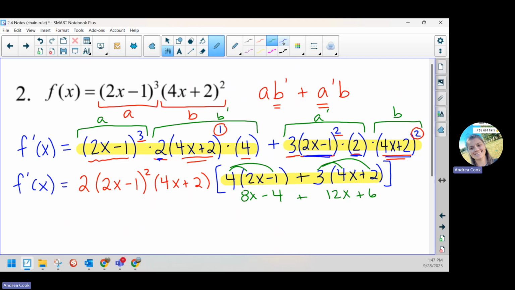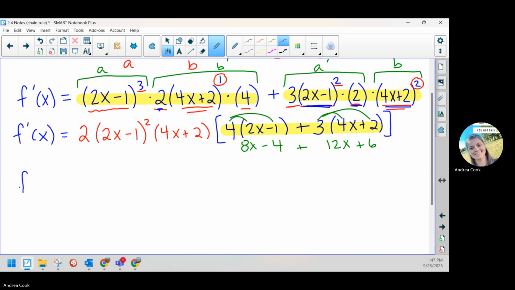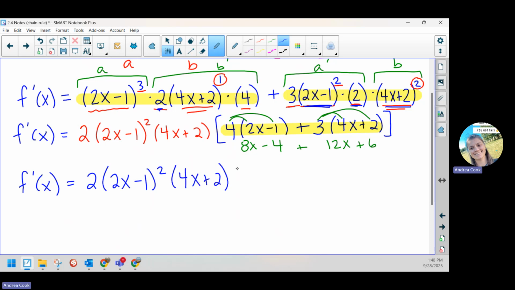So my final derivative here: my GCF was that 2x minus 1 squared, 4x plus 2. And now instead of hard brackets, I'm going to change it to parentheses, and I'm going to combine my like terms. So 8x plus 12x is 20x, and negative 4 plus 6 is 2.